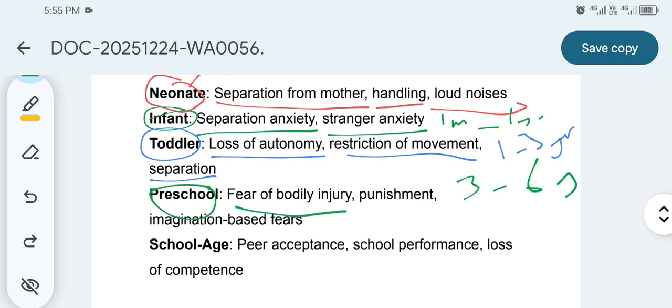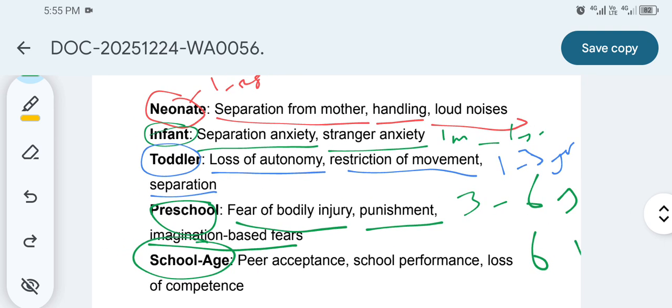They have fear of being harmed. They have fear of being punished. And they also have imagination based fears. They start imagining, they start thinking about things, and then they develop that fear. What if mom goes? What if mom doesn't come? All those things.